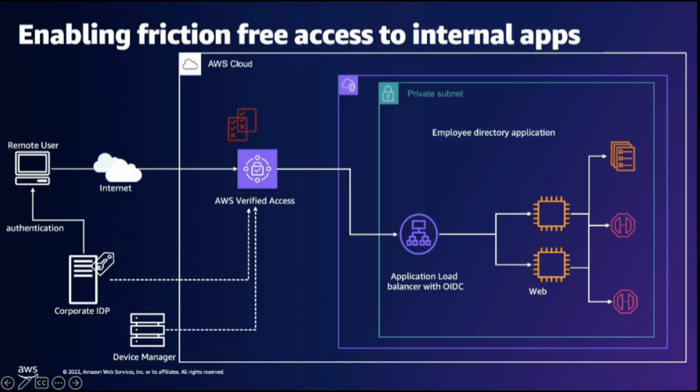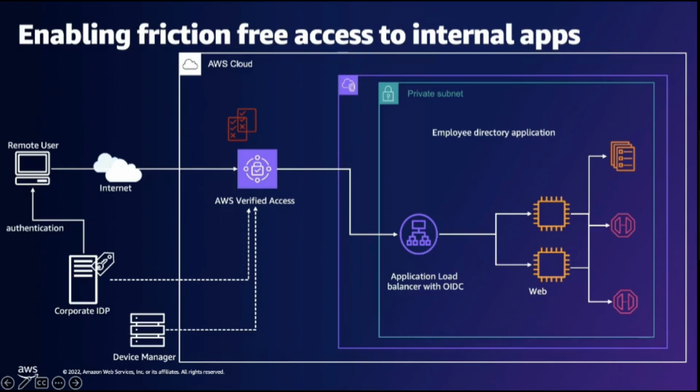And if it detects some sort of suspicious behavior coming through from a particular request, then it's able to take action against that or block the request altogether. And that's what you want. You want to be able to use a service that can use other signals to detect if there are any anomalies. So for example, an attacker is able to get a hold of your ID token and make a request to Verified Access.